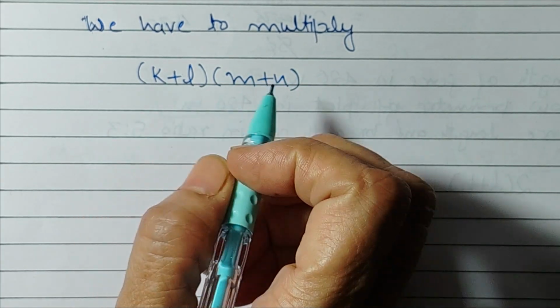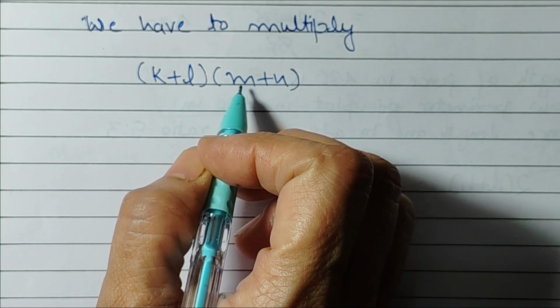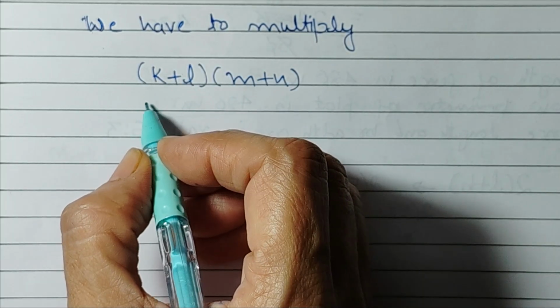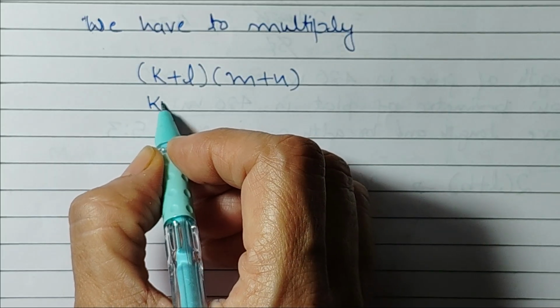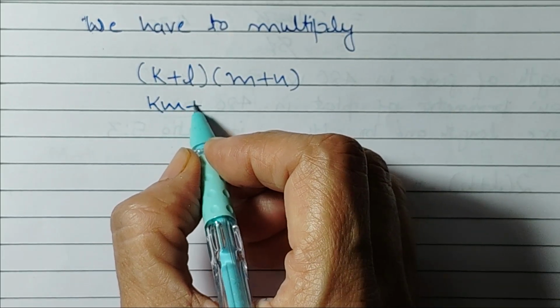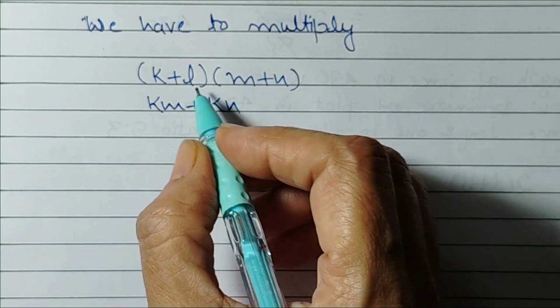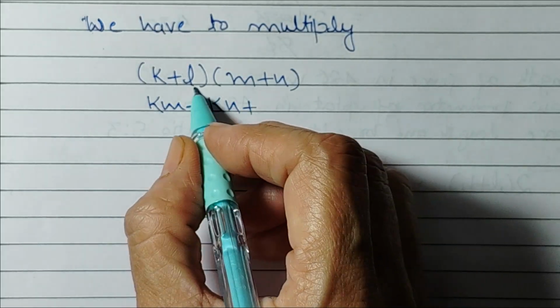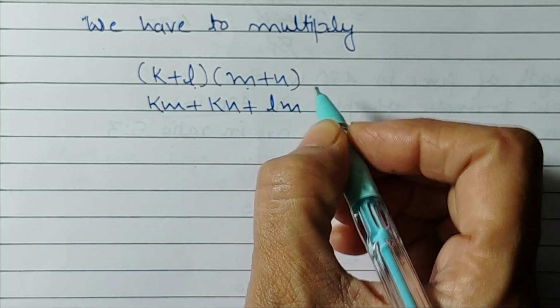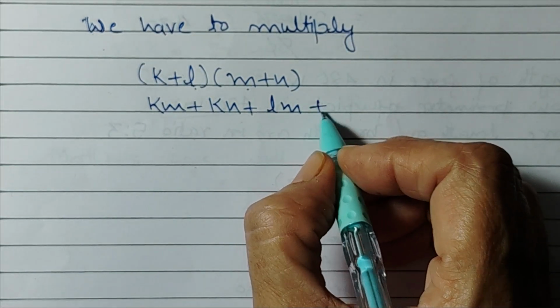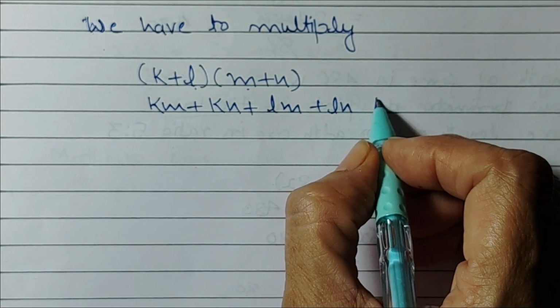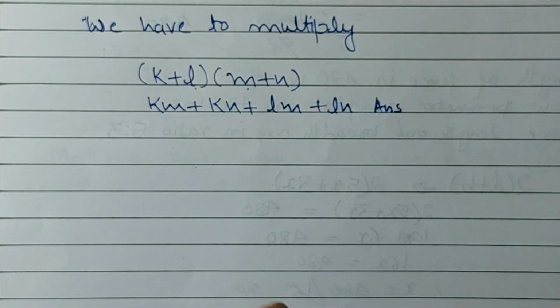First we'll multiply k with these two, then l with these two. It will be km plus kn plus lm plus ln. This is our answer.